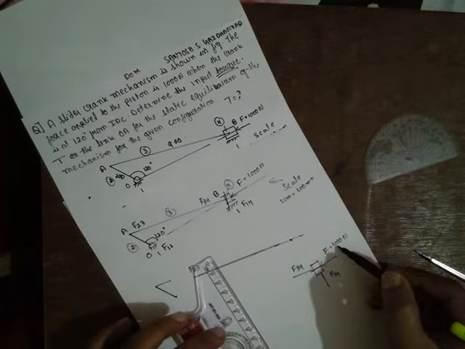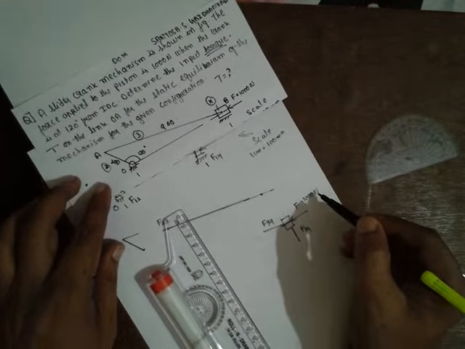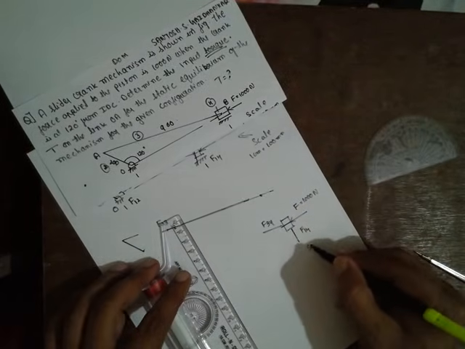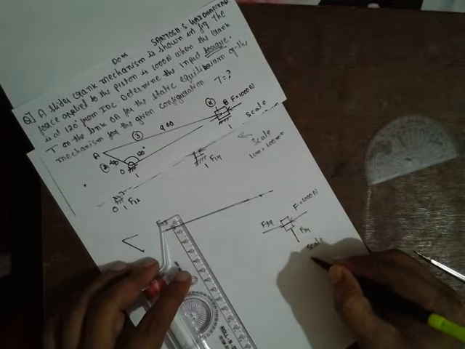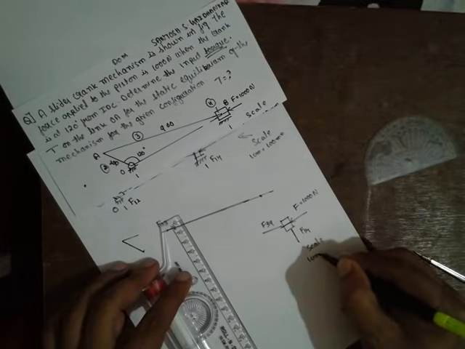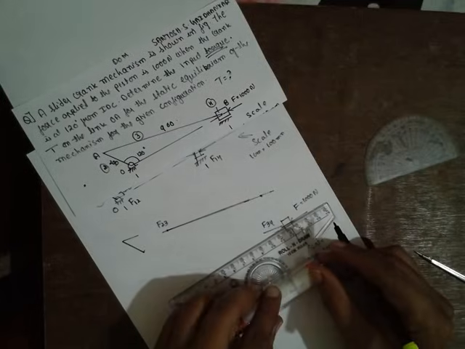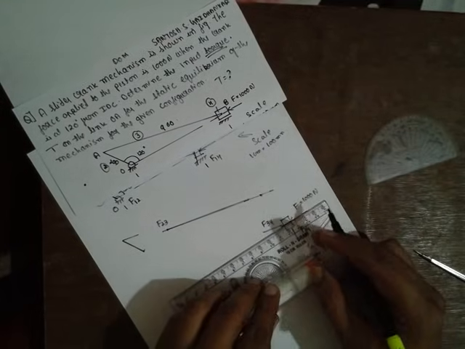Now with the help of this one, we are drawing the force polygon. It is 1000 Newton. Go for the scale, 1 centimeter is equal to 100 Newton, exactly parallel to this one. Draw it.